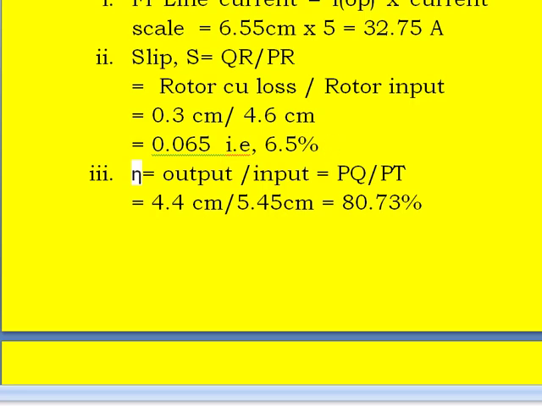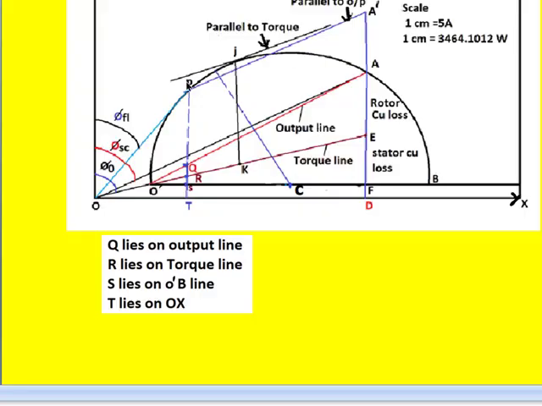The efficiency of this motor is output by input, that is equal to PQ divided by PT. This PQ means P to Q. Q is a point on the output line, whereas PT represents the input to the motor and PQ represents the output.